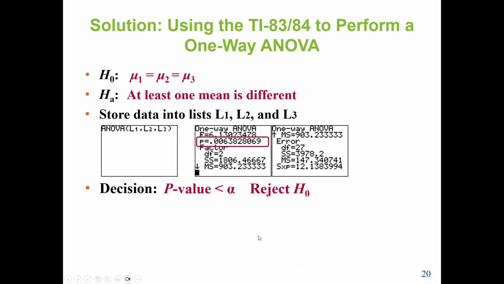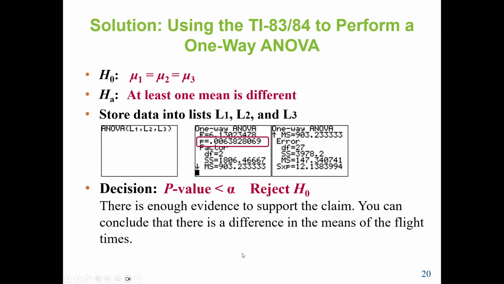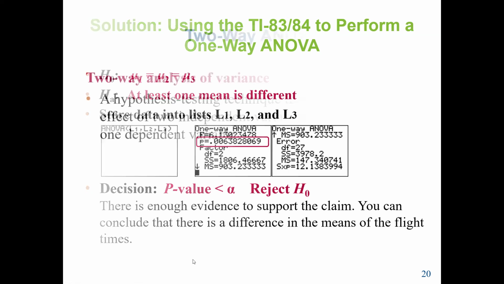Then we say if the P-value is less than alpha, then we are going to reject H0. So there's enough evidence to support the claim. You can conclude that there's a difference in the means of the flight times.